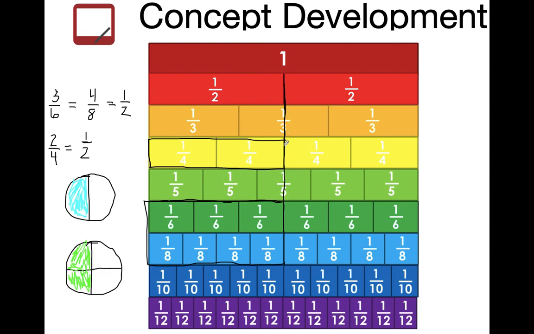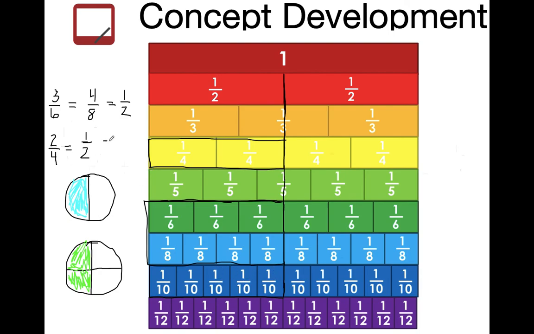If we keep going down, we would have seen that 3/6 was equal to 1/2. If you keep going down, 4/8 were equal to 1/2. And there is actually one more, and that is 5/10 is equal to 1/2. Okay, 1, 2, 3, 4, 5.